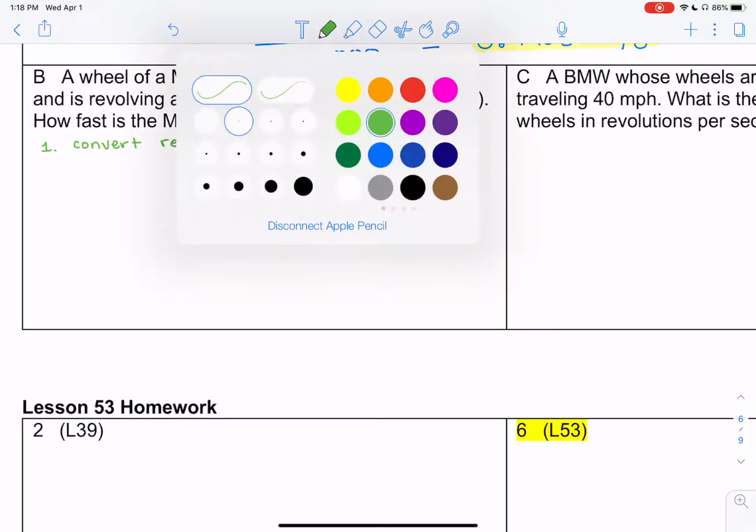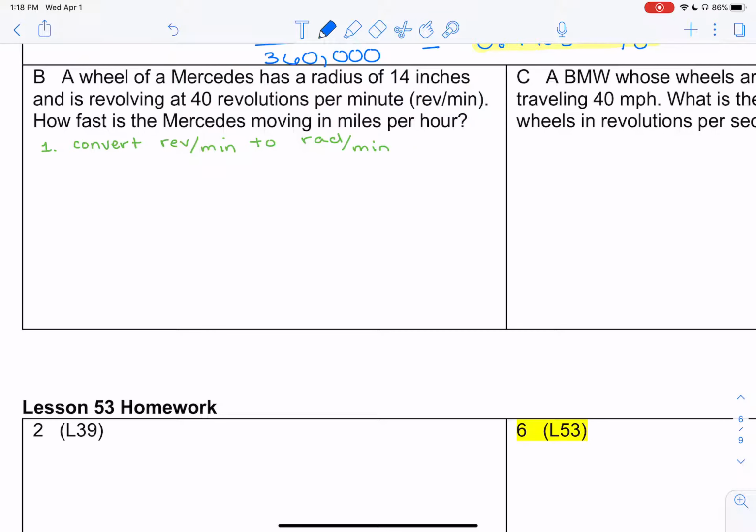The question gives us 40 revolutions per minute. So I'm going to write that as 40 rev over 1 minute. And then to convert that, I know that I need to move to radians. 2 pi radians, that's 1 full circle around, is equivalent to 1 revolution.